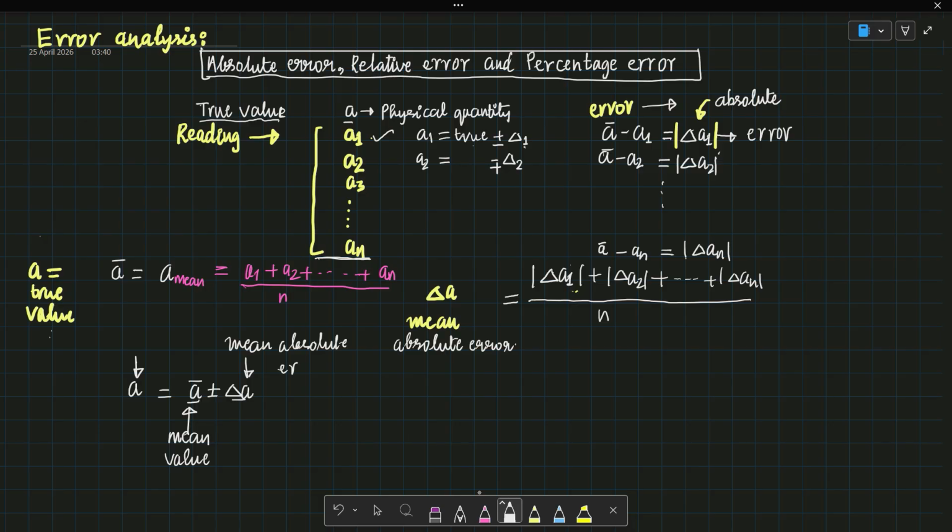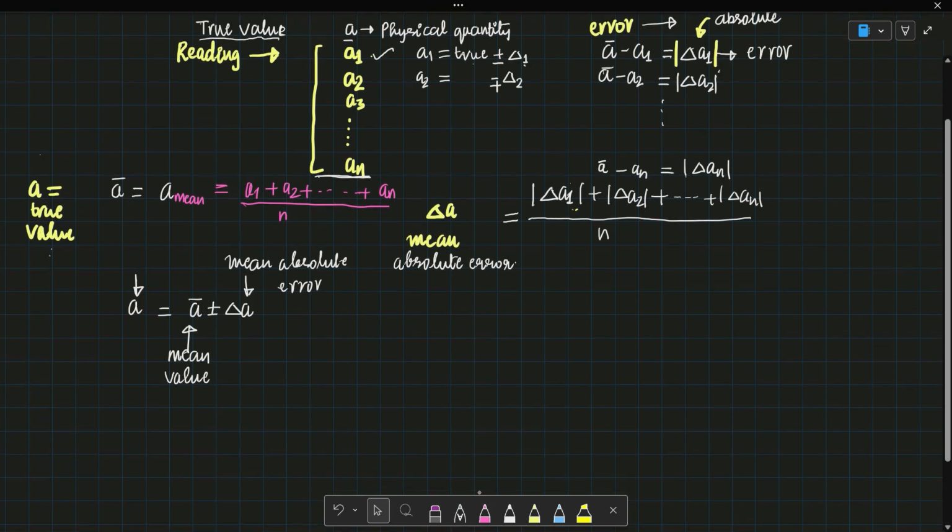Hopefully you understood how we calculate this mean value and mean absolute error, because whenever a question is asked, this is exactly a formula based question, so most of the time you just have to perform the exact steps, and after that we show the mean value and mean absolute error.